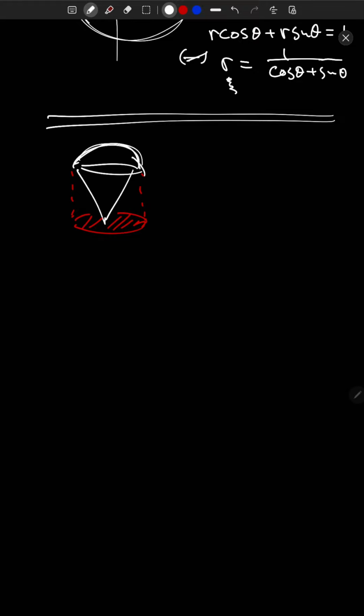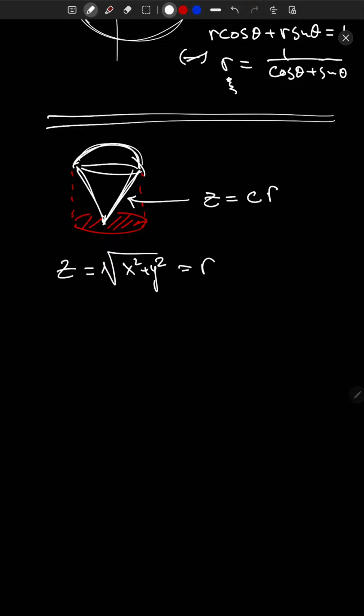Also, anytime you work with cones, right, cones can be very easily described in cylindrical coordinates. They're just z equals a constant times r, right? So the typical 45-degree cone, for example, is z equals square root x squared plus y squared, right? We've seen this many times. But square root x squared plus y squared is just r, right?